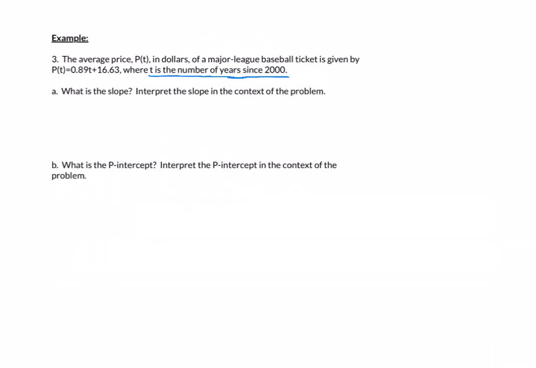Okay, so we also have our average price in dollars. So let's go ahead and start with our slope. What is our slope? Our slope is 0.89. And we want to interpret this. So let's see here.